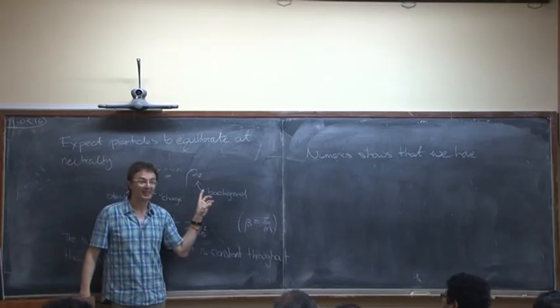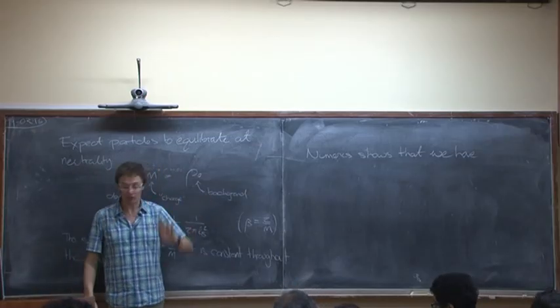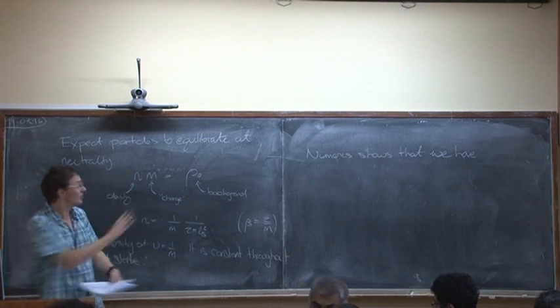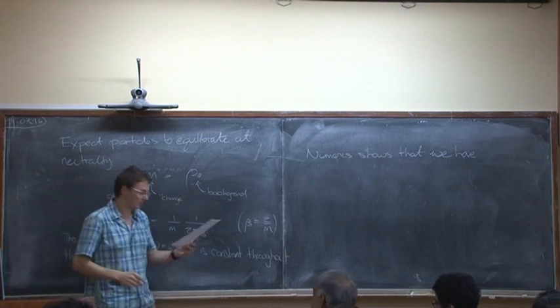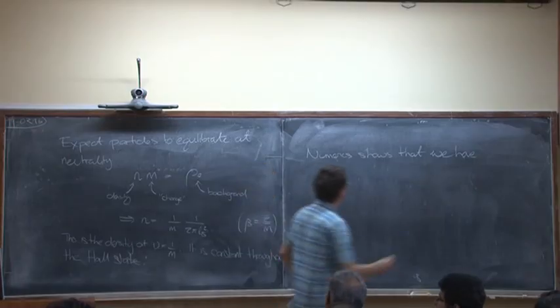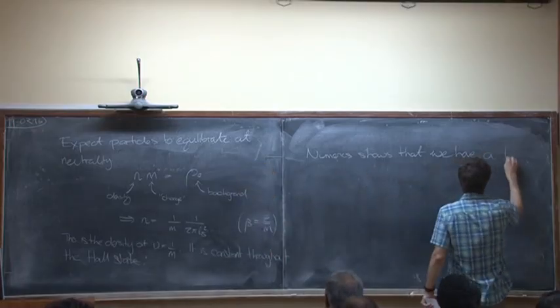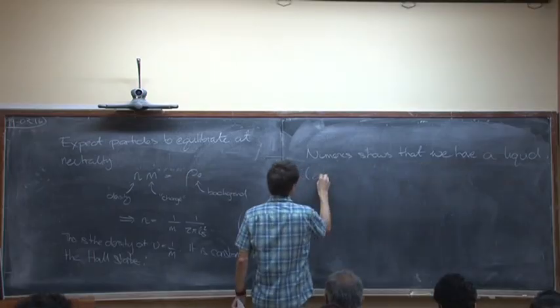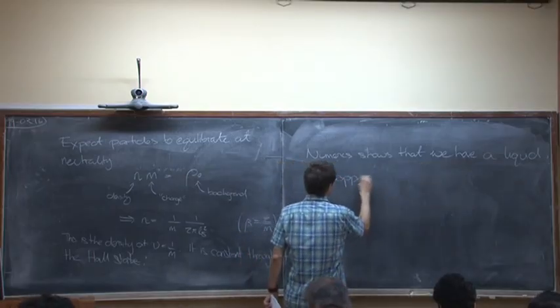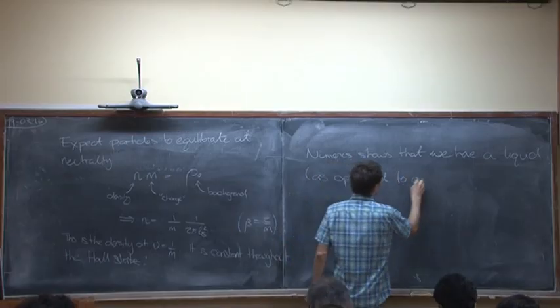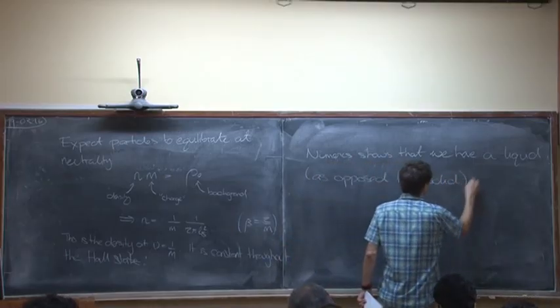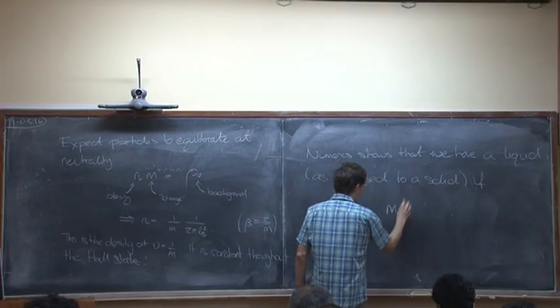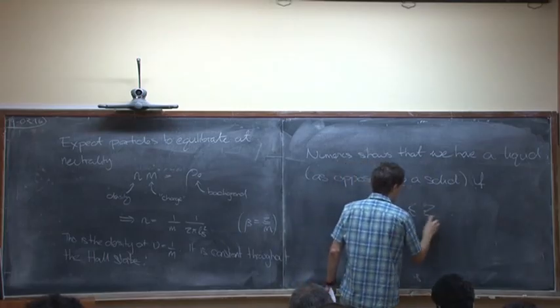Yeah, but it could turn out that the Laughlin wave function itself for some m is a crystal. Exactly. So let me just tell you the answer, and then we can come back and discuss this. The numerics show that we have a liquid as opposed to a solid if m is less than around 70.